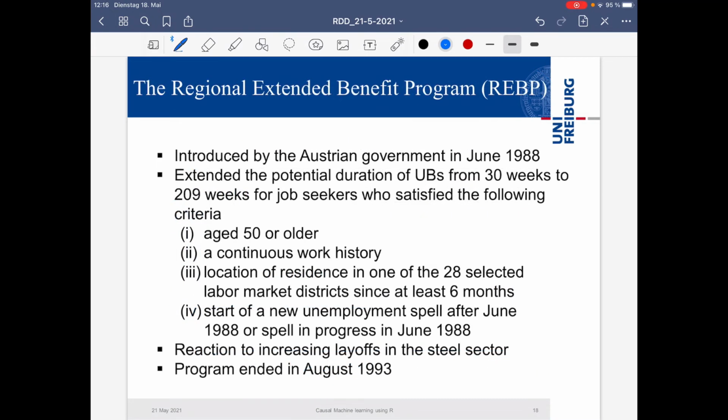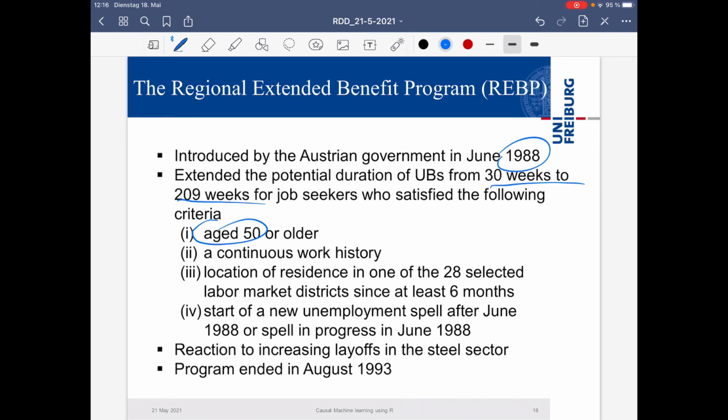Now let's come to the paper. It's about the Regional Extended Benefit Program, REBP, introduced by the Austrian government in 1988. It extended the potential duration of UB from 30 weeks to 209 weeks for job seekers who satisfied the following criteria. So let's focus on aged 50 plus.